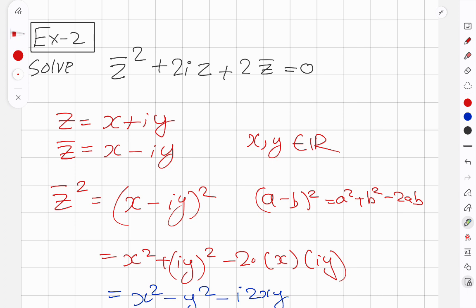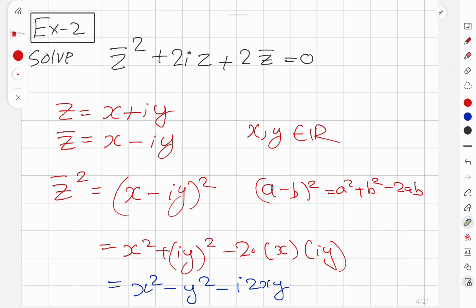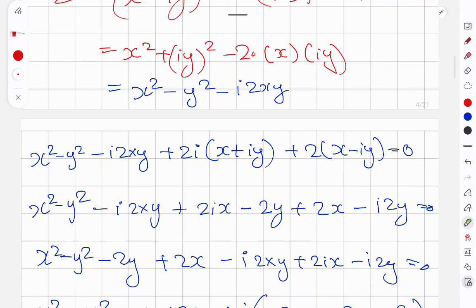There was i square, then the i square is -1, so I got this one. Then what else do I need? I just need this much. Then I substituted everything in the equation over here.